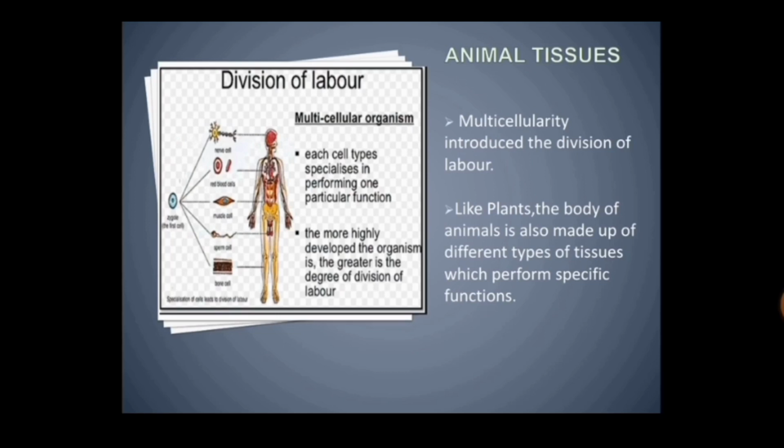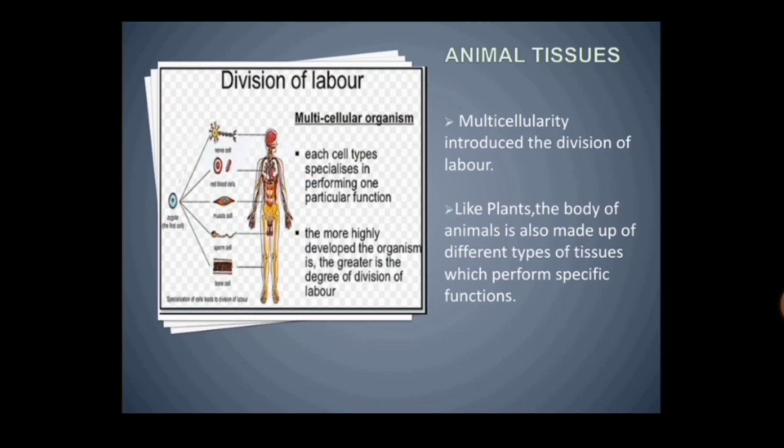Talking about the nerve cells, children, nerve cells respond to external and internal stimuli, right? So muscle, blood, lymph and nerve, they are examples of tissues found in the animal body.